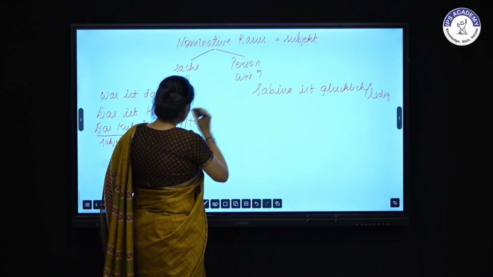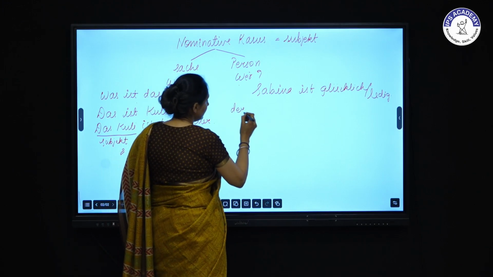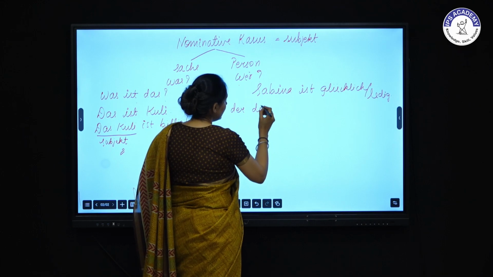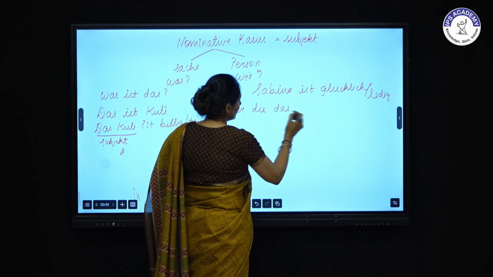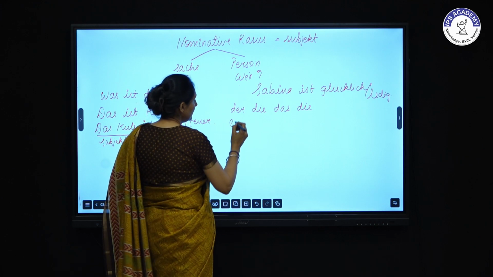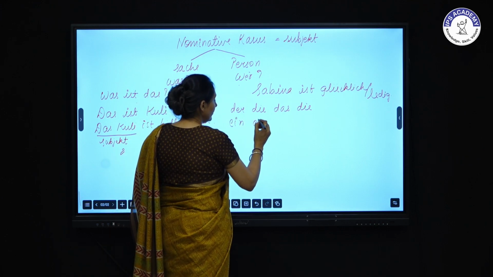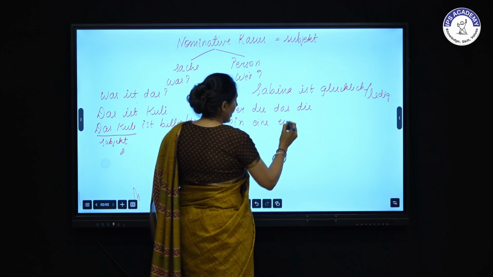Now we have seen the article der, die, das in bestimmter article. We have seen the article in unbestimmter, that is ein, eine, ein.